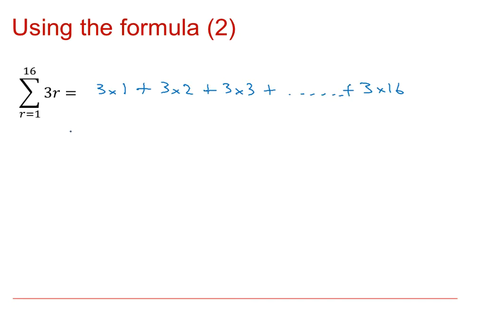Now each of these terms contains 3, so we could take 3 out as a common factor. We could write this as 3 times 1 add 2 add 3 add 4 all the way up to 16. In other words, we can write the summation as 3 times the sum of integers starting at 1 and finishing at 16.